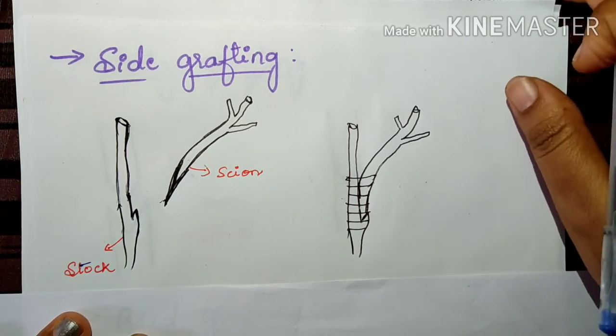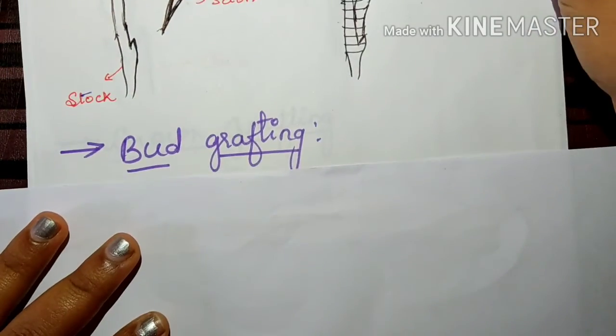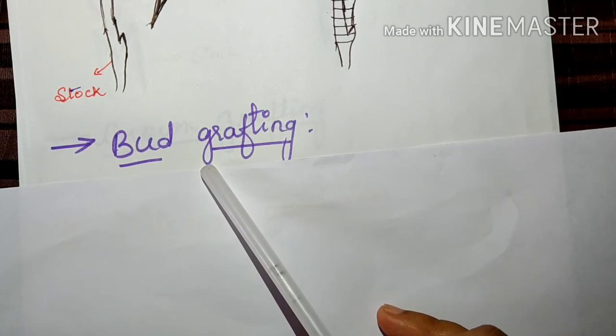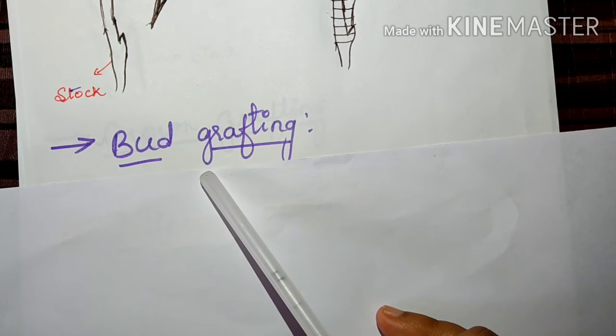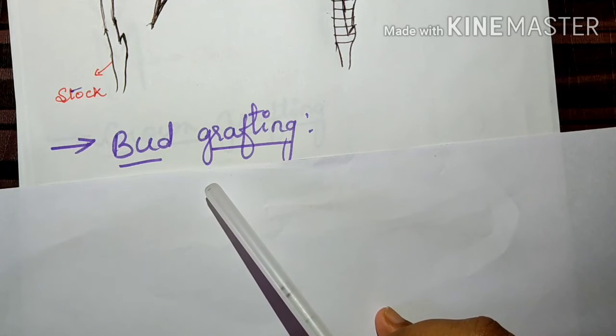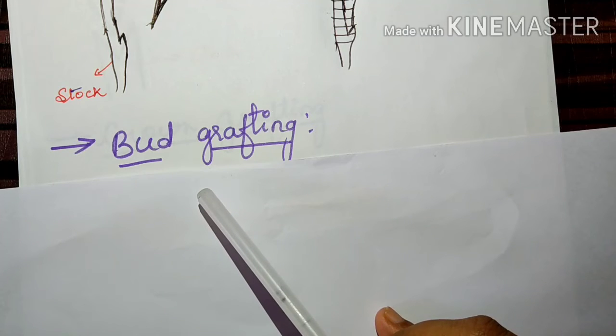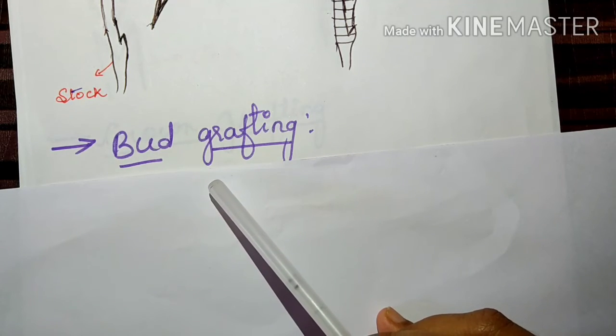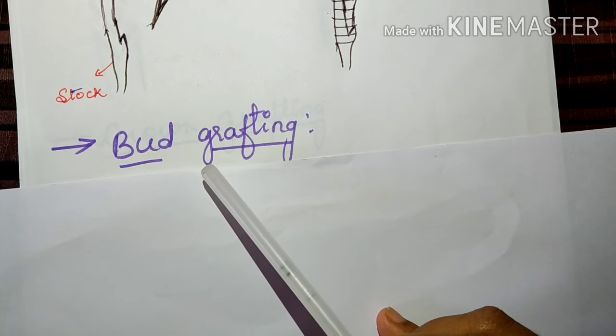Another type of grafting is called bud grafting. It is similar to other grafting techniques, except that the scion should consist of a bud along with a small portion of the bark, and that bark should have intact cambium, the meristematic tissue.